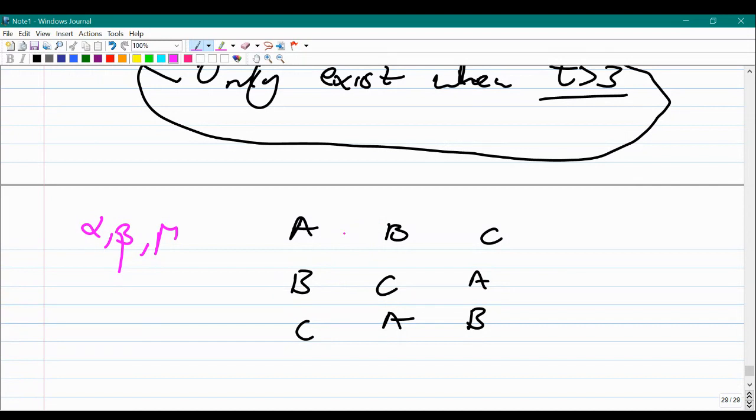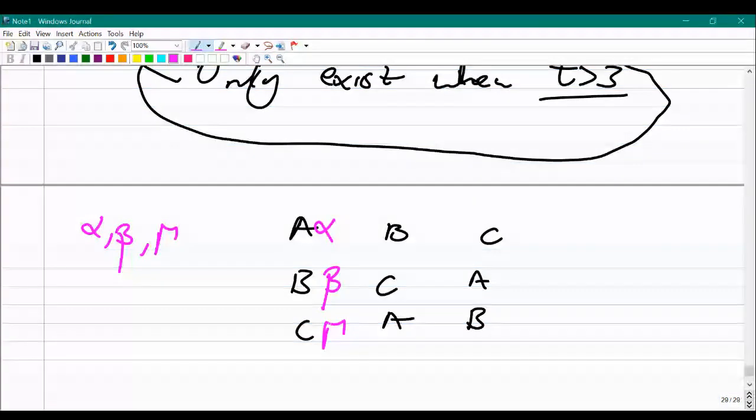If you put alpha here, alpha is not supposed to go with A again. If alpha is already with A, it is not supposed to go with A, even if it's not in the same column or row, because alpha is already with A. So here it is, I can start for you.